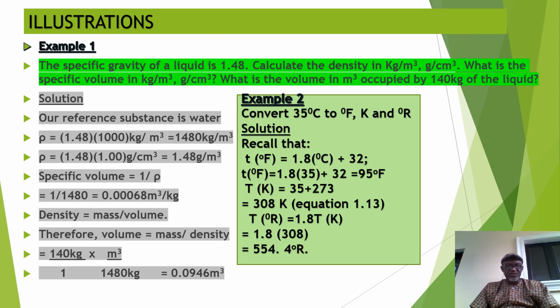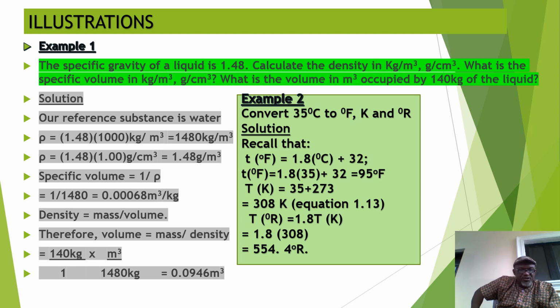But specific volume is the inverse of density. So specific volume will be 1 over 1480 in meter cube per kilogram. We can also have the specific volume if we do 1 over 1.48. That will be in cm cube per gram, which will give us the same thing, except that the number of decimal places will shift.